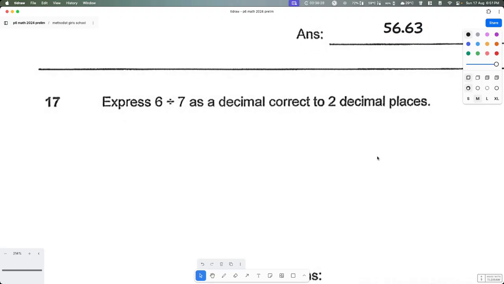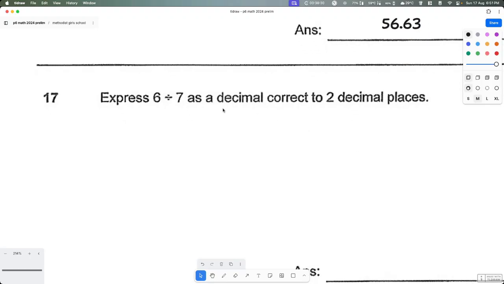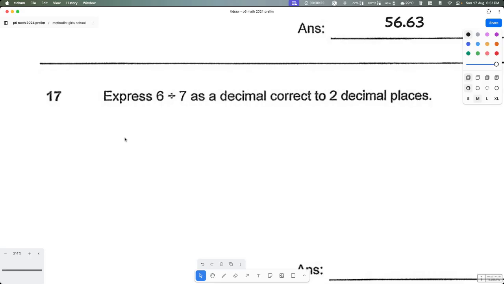Okay, next one. Express 6 divided by 7 as a decimal, correct to 2 decimal places. So we have 7 dividing into 6, right? We have point 0, and we need 2 decimal places. So 60 minus 56, which is 4, so 8 times 7 is 56.